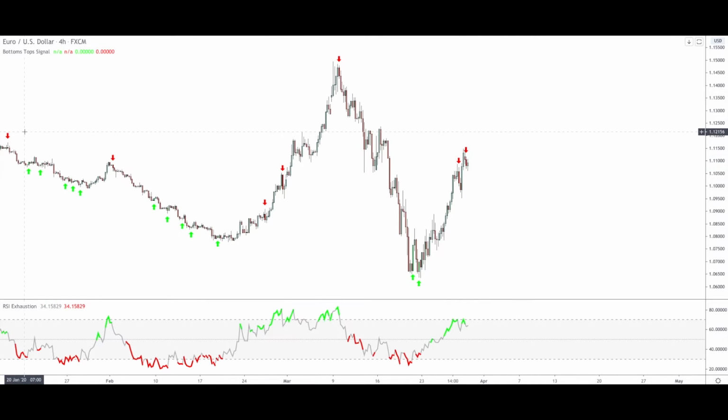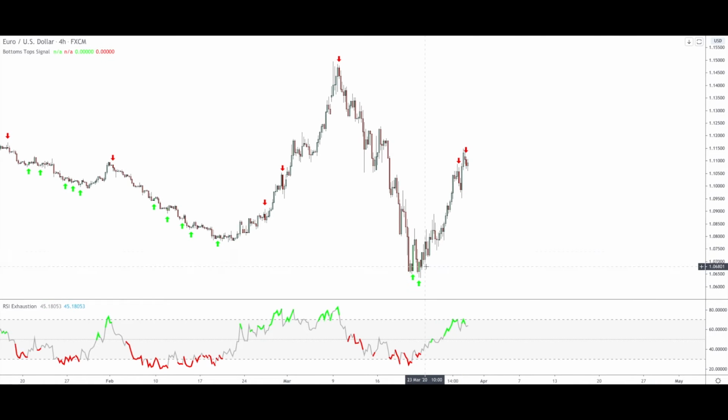Well, the pair has been trending down, then up, then down, and then again up. This kind of movement here is usually the anticipation of a sideways movement.